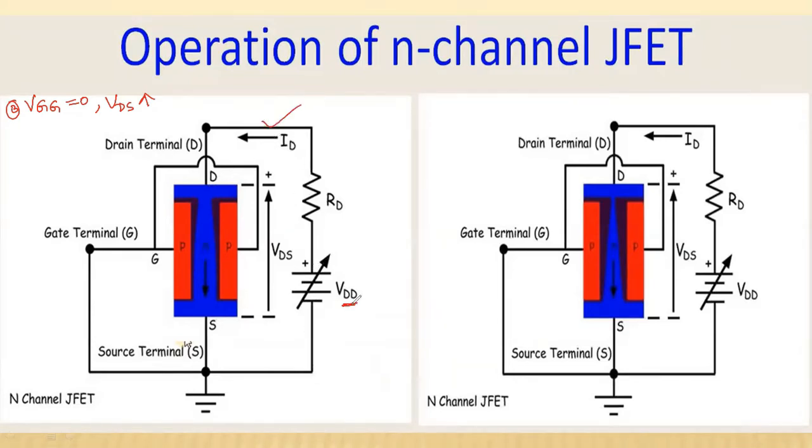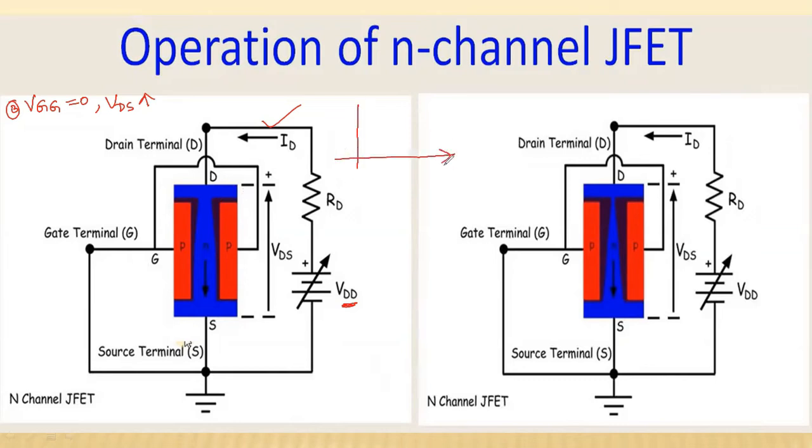Now, for smaller magnitudes, if you go on increasing the applied voltage, the current through this N channel also increases. So as the current through this channel increases, the curve will be like this.